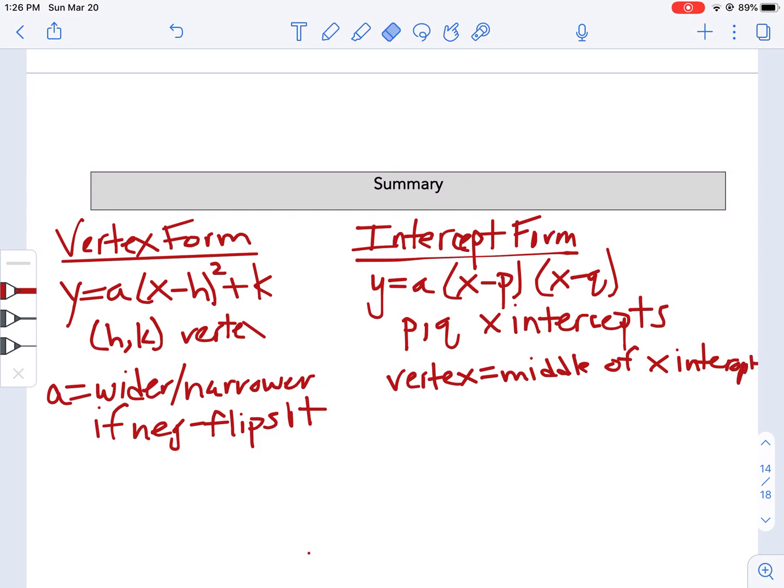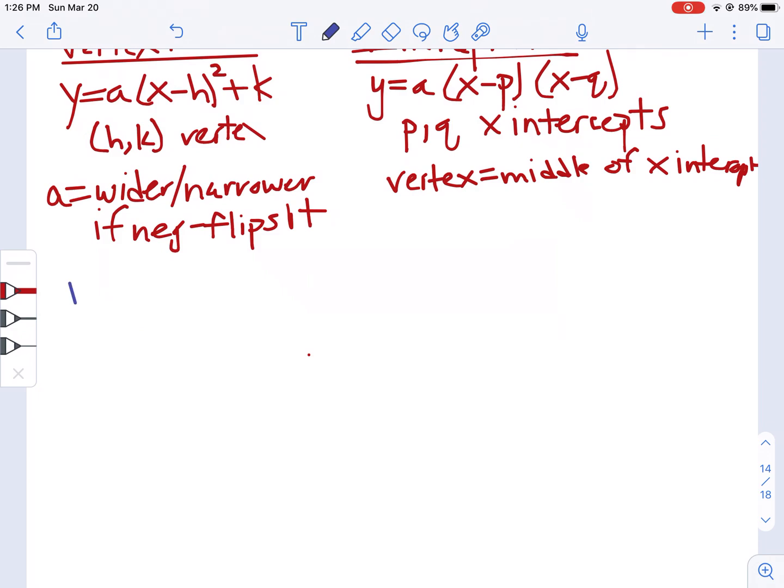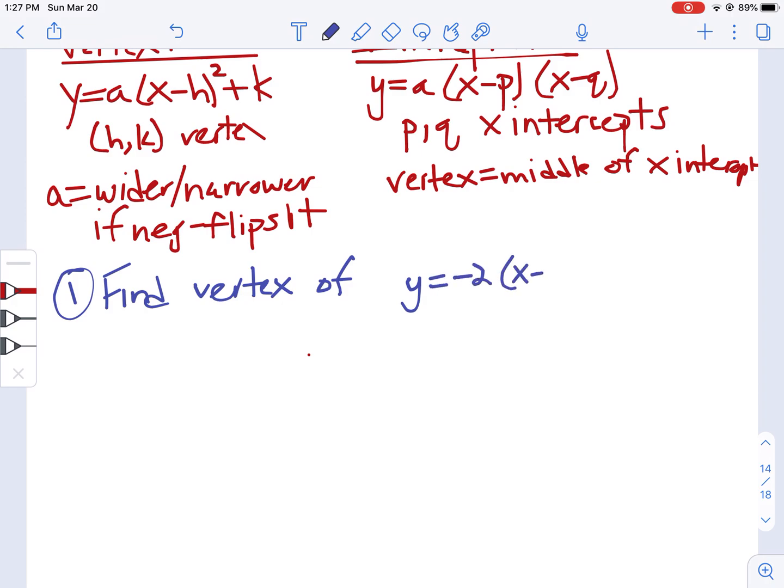So for example, let's say we were asked to find the vertex of y = -2(x - 2)(x - 4). So the first thing, I know where my x-intercepts are. If it's x - 2, it's at (2, 0).